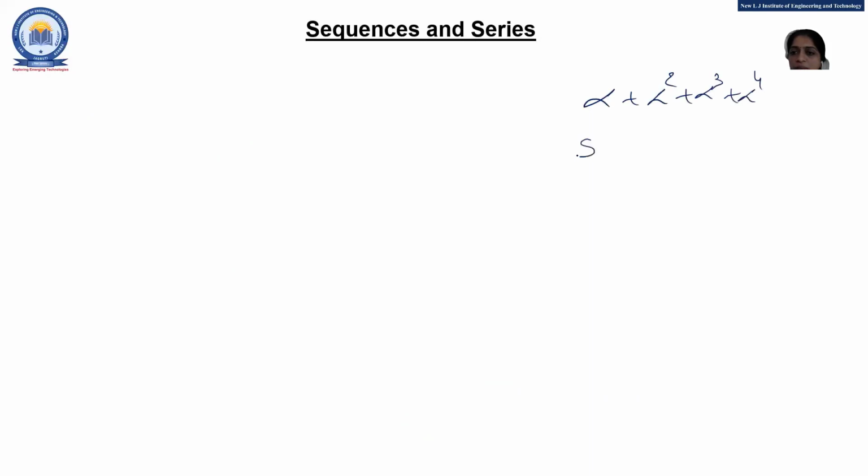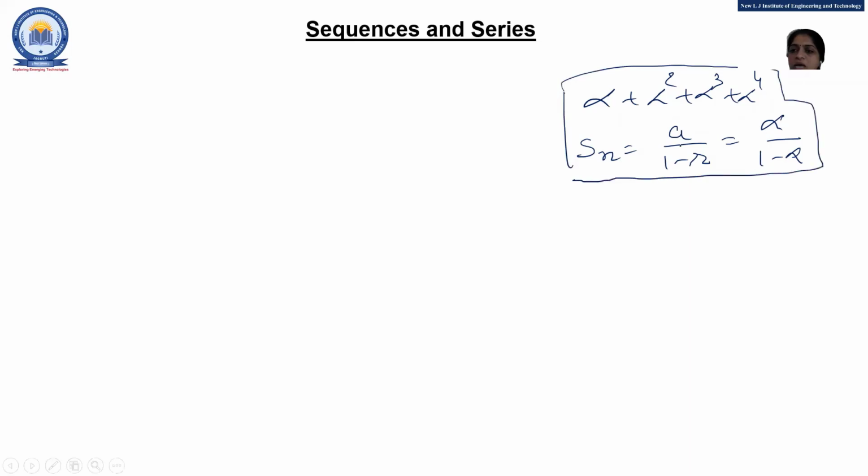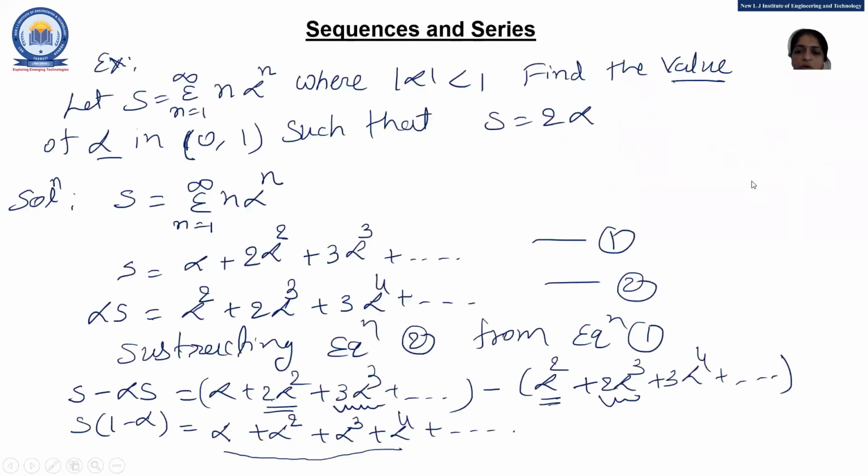If I want to represent Sn, then that is A upon 1 minus R. Here A is alpha. R is the ratio, and the ratio is again alpha, right? So the sum of this geometric series is alpha upon 1 minus alpha. I directly substitute this value in the right hand side.